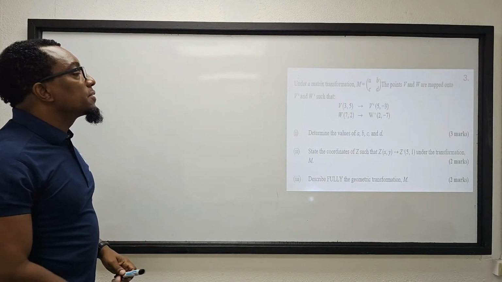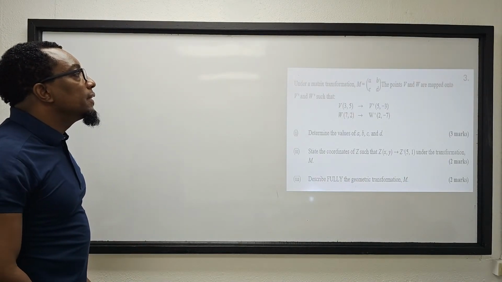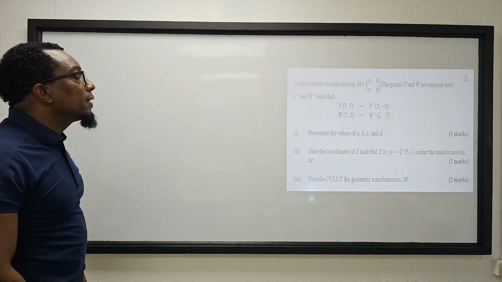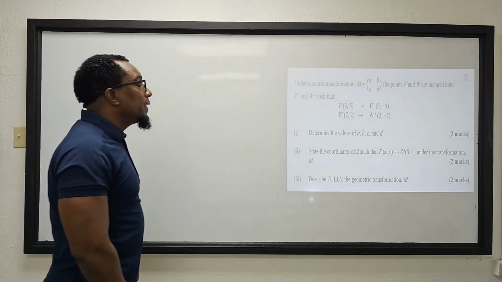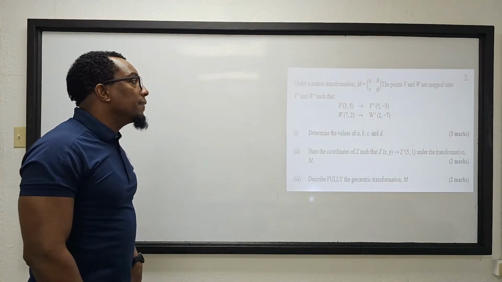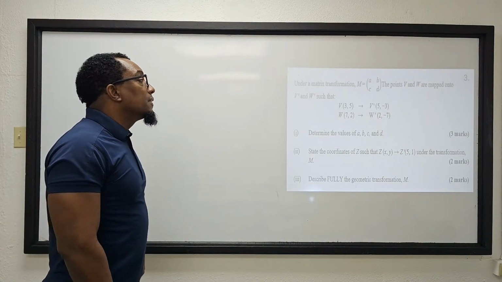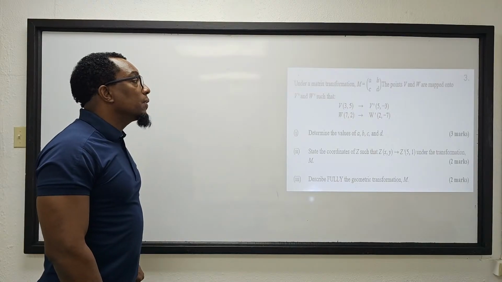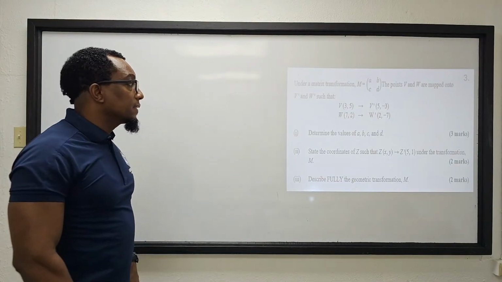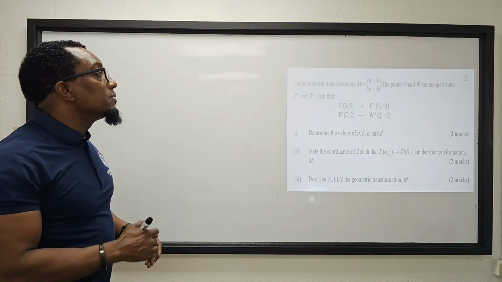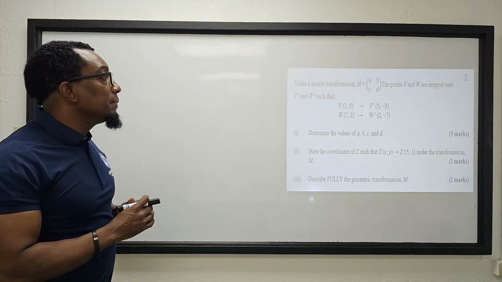Under a matrix transformation M, with entries A, B, C, D, the points V and W are mapped onto V prime and W prime, such that V, whose coordinates are 3, 5, is mapped onto V prime 5, negative 3, and W, whose coordinates are 7, 2, is mapped onto W prime 2, negative 7. Determine the values of A, B, C, and D.